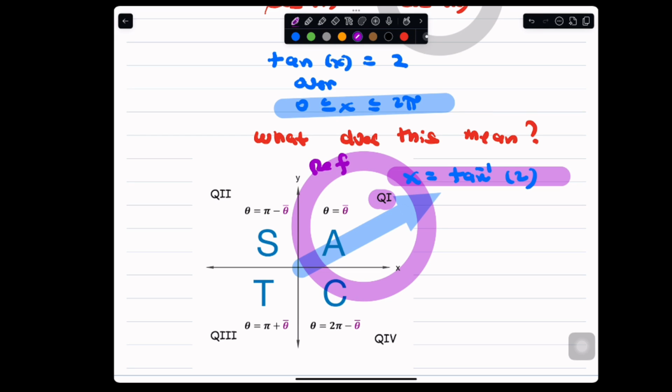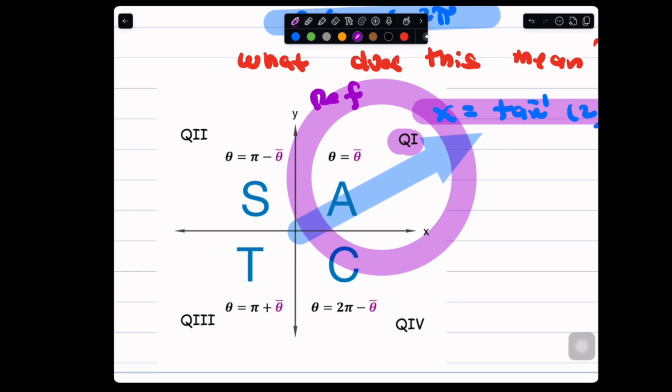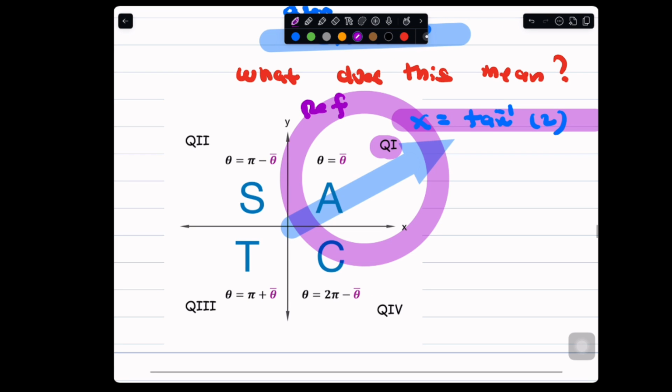How do I get any other possible solutions? Well, you guys remember, all students take what? Calculus. What does that mean? What do you guys think that means? My second solution is going to be where tangent's positive again.